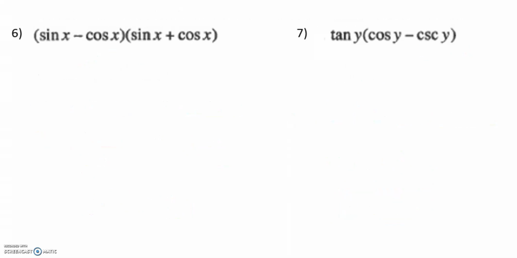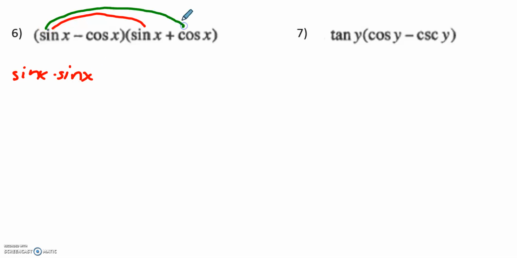Number 6. Looks like I'm multiplying a binomial times a binomial. I cannot combine like terms in either binomial, so I'm thinking that we're going to have to do a double distributive property, aka FOIL. So let's do that, shall we? Multiply the first terms. I'm going to write it all out. Sine x times sine of x.